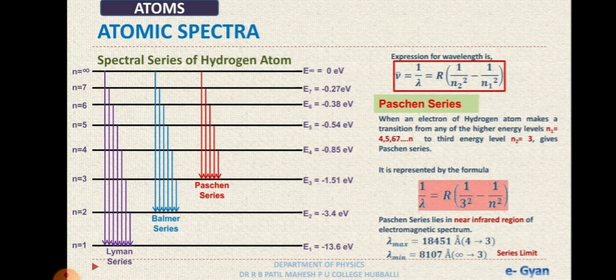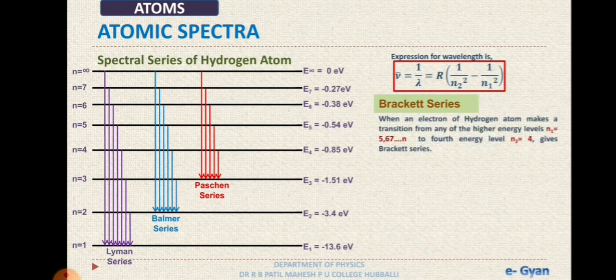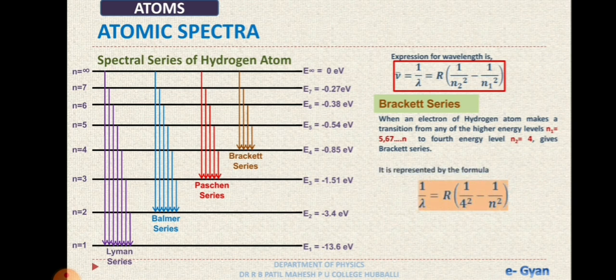After Paschen series, the next series of hydrogen atom is Brackett. When an electron of hydrogen atom makes a transition from any of the higher energy levels, n1 is equal to 5, 6, 7 and so on, to fourth energy level, that is n2 is equal to 4, it gives Brackett series. So it is an electron transition from higher states to fourth state. It is represented by the formula 1 upon lambda is equal to R into 1 upon 4 square minus 1 upon n square.